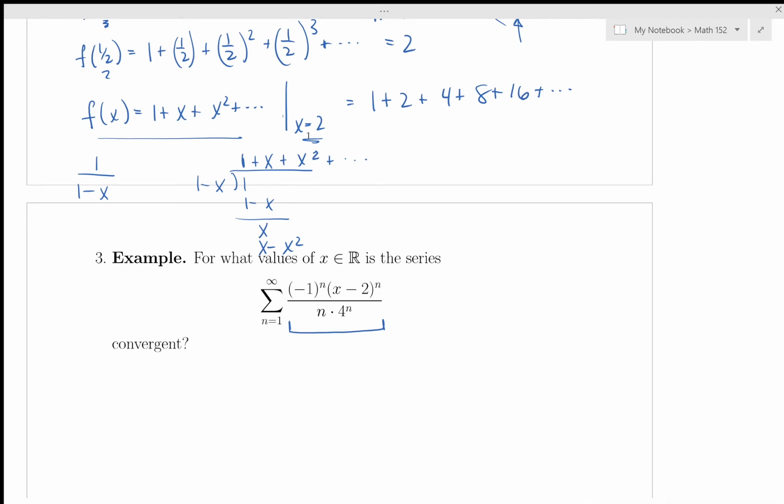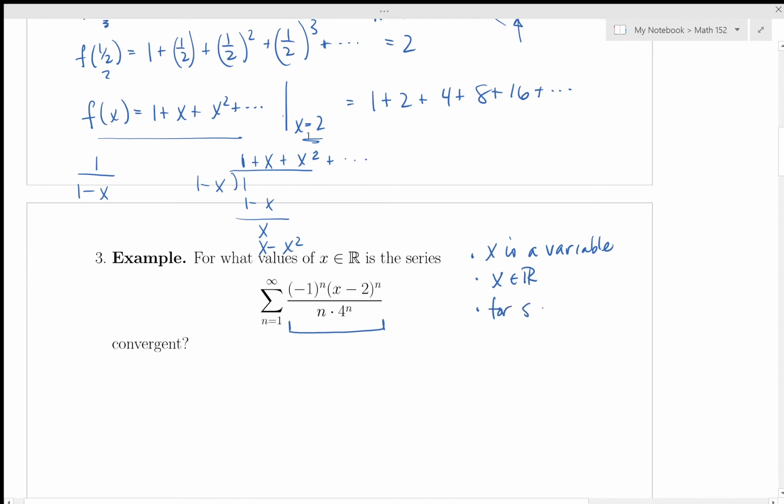Okay, so it's really important that we notice that x is a variable. X is a variable, and x can be any real number. For some choices of x, I'm going to write this out.